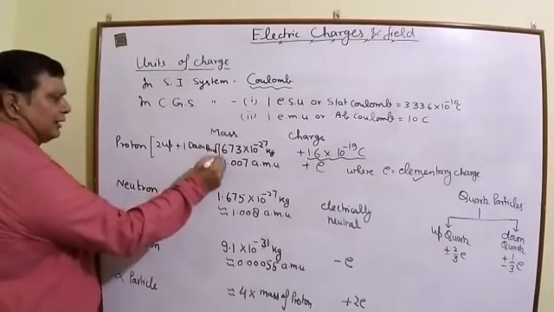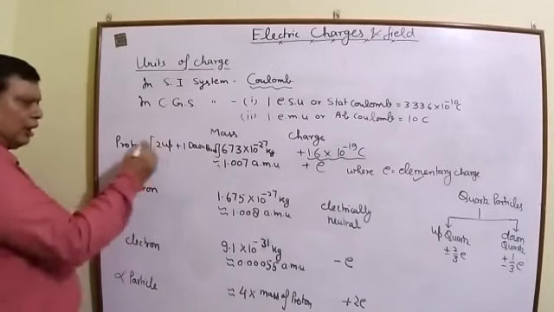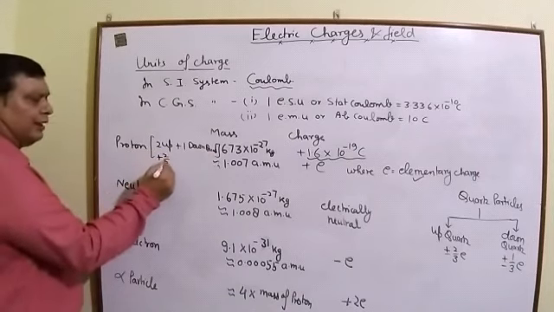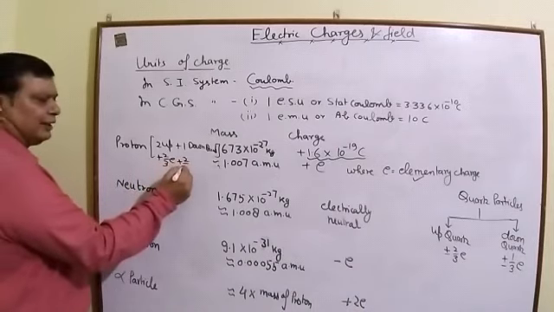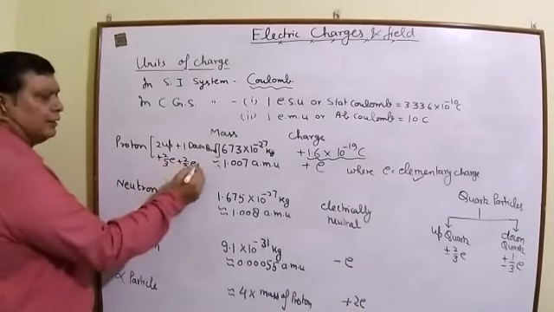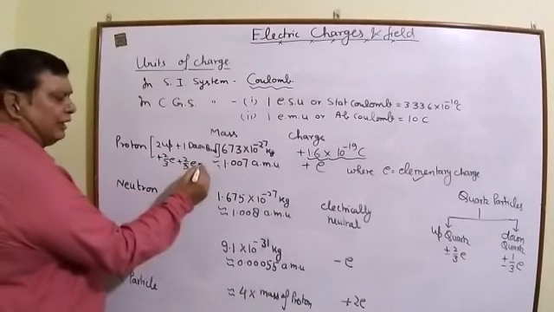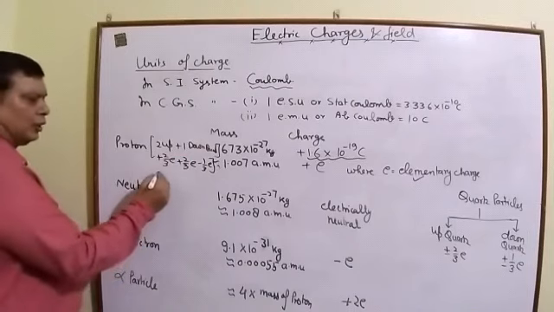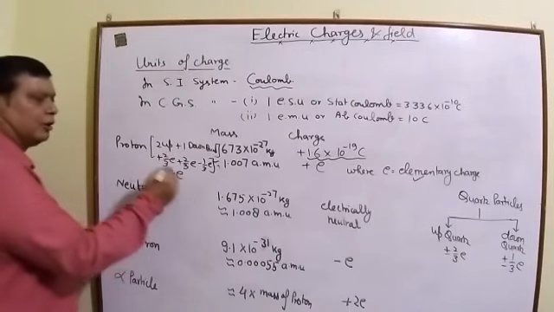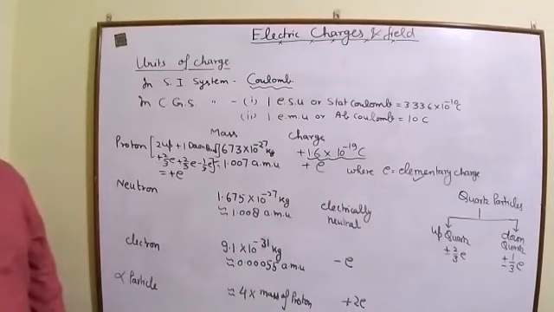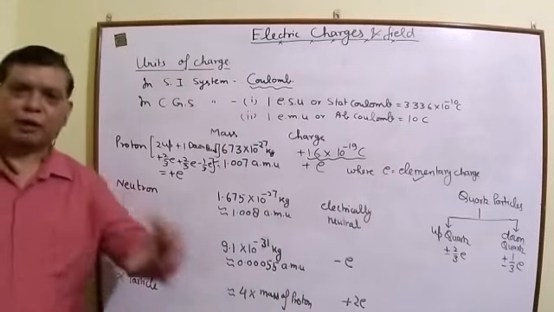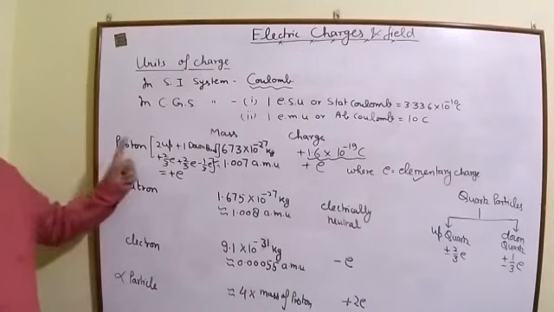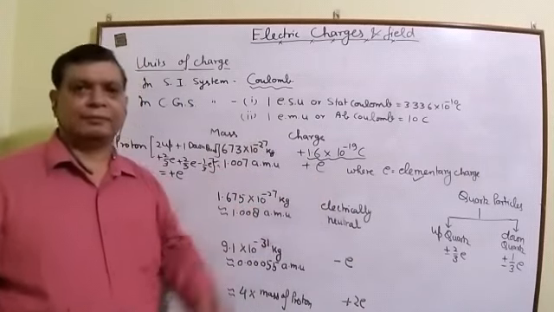How can we calculate the charge on the proton? 2 up quarks means plus 2 by 3e, plus 2 by 3e, and 1 down quark, which is of negative value, minus 1 by 3e. So the total value of the charge is how much? Plus E. Proton is found in free state, and the minimum value of the charge on it is plus E.